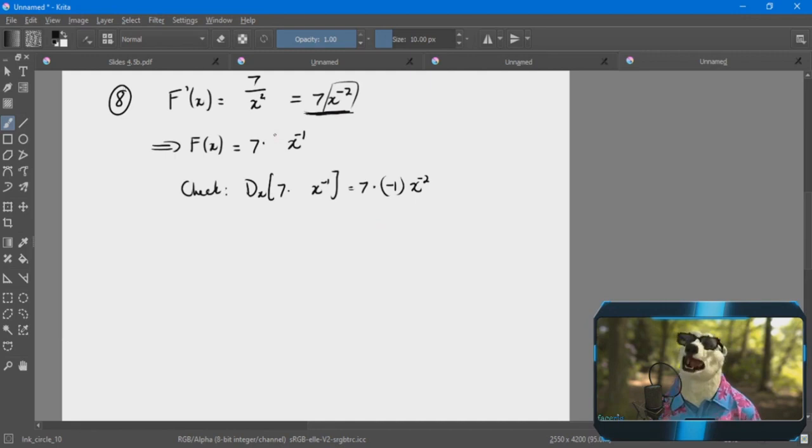So what do I do? You can think of it as putting 1 over negative 1 in front to cancel with that negative 1. I do not have enough space for it.